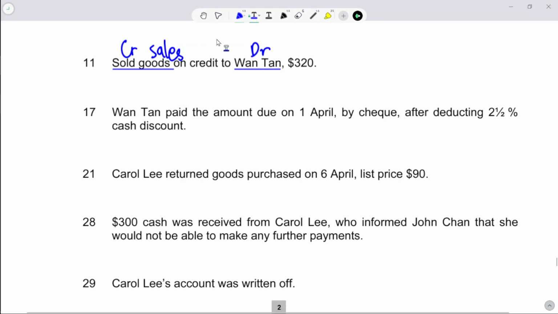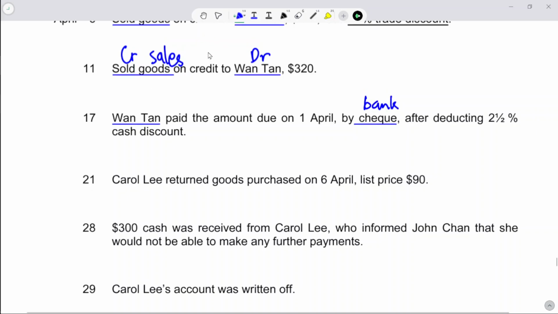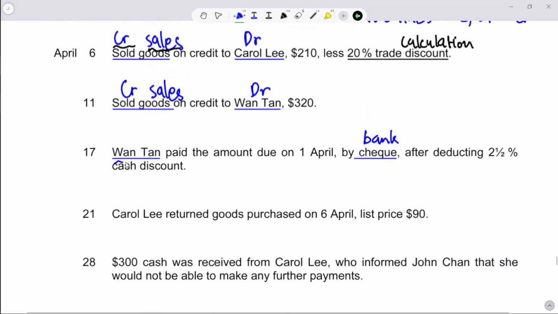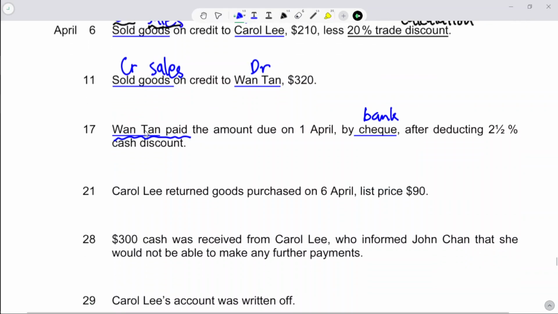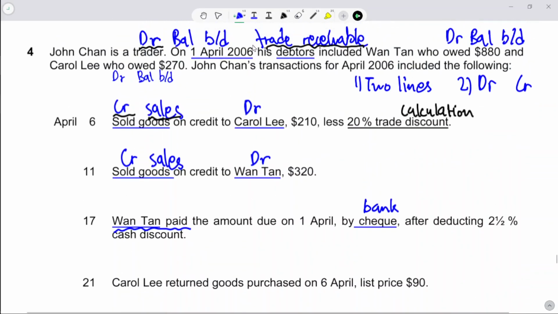Let me scroll down. So two lines, then debit, credit. This one, the check, is actually bank. Then the one who paid: trade receivable is actually the customer.